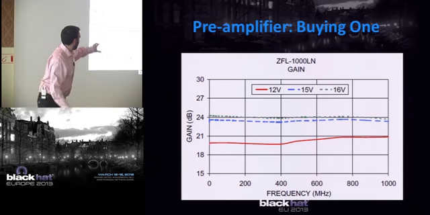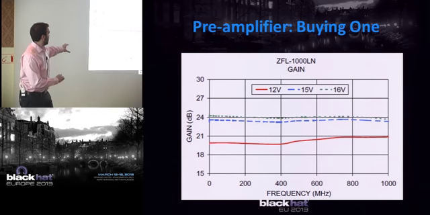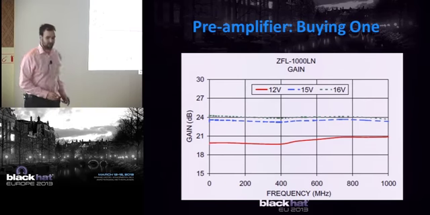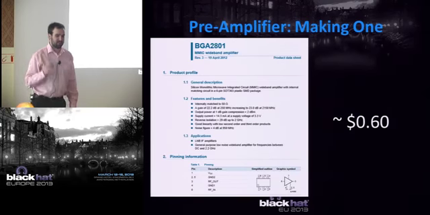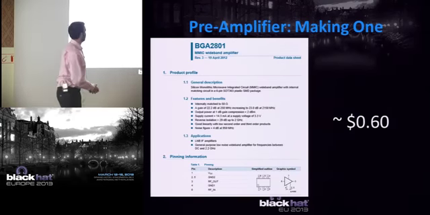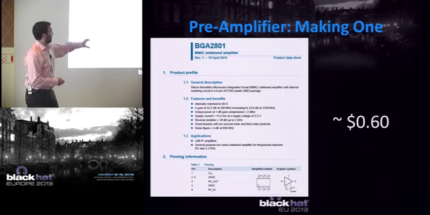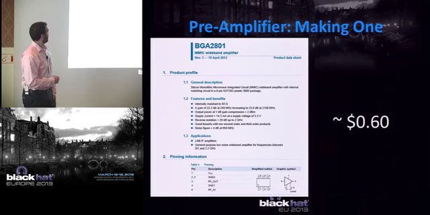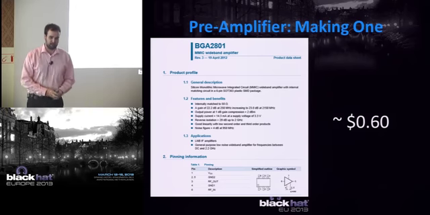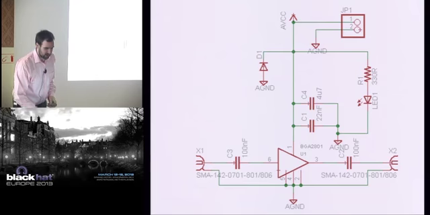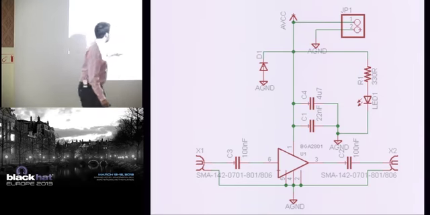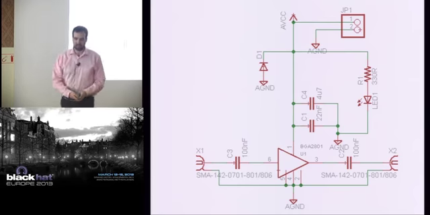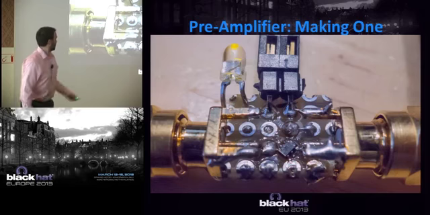The gain could vary from about 20 dB to 24 dB. But that's not cheap enough because you can just make one. You can get these ICs from DigiKey, which are about 60 cents in single unit quantity. This is a gain of around 20 dB, and it just needs a 3.3 volt power supply, a few capacitors, DC block capacitors, and you can build something like that.